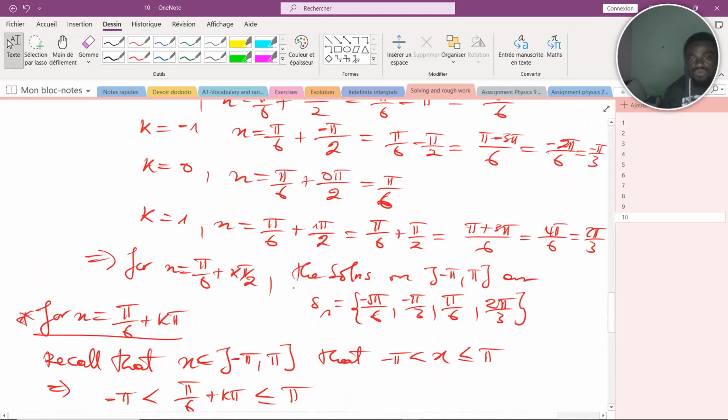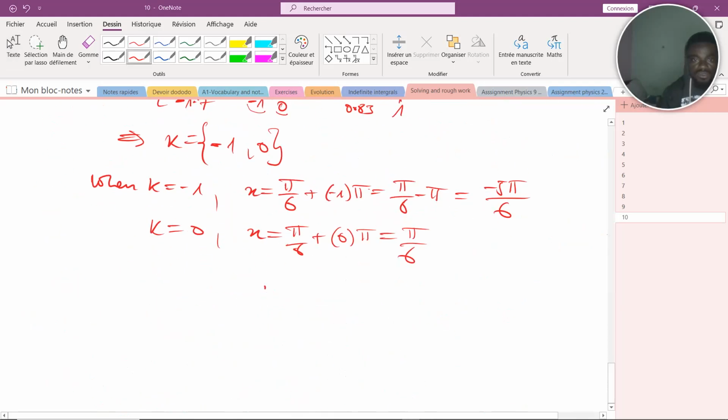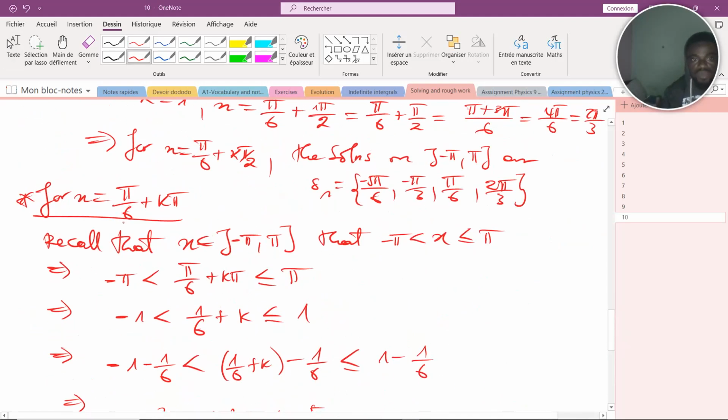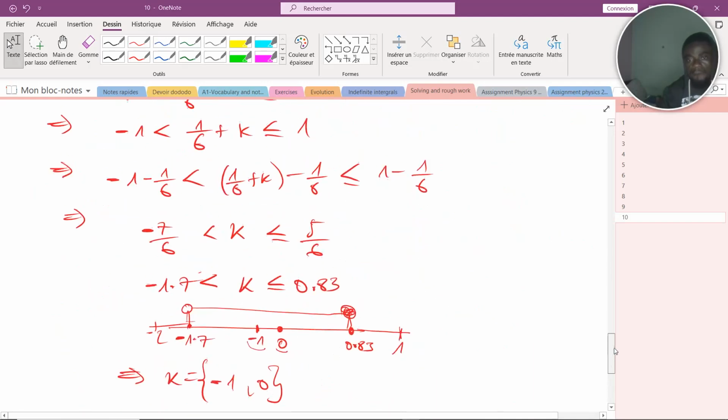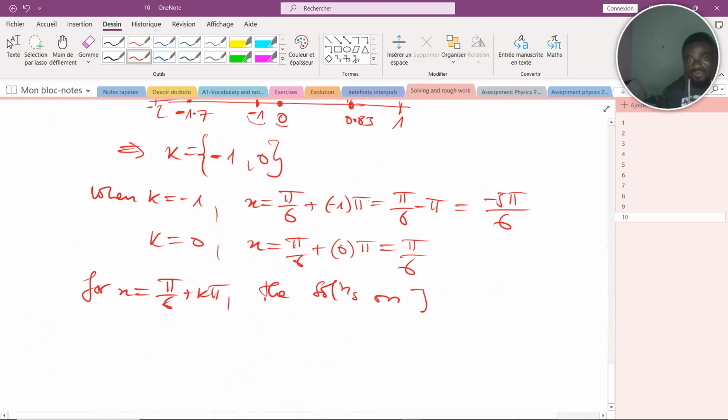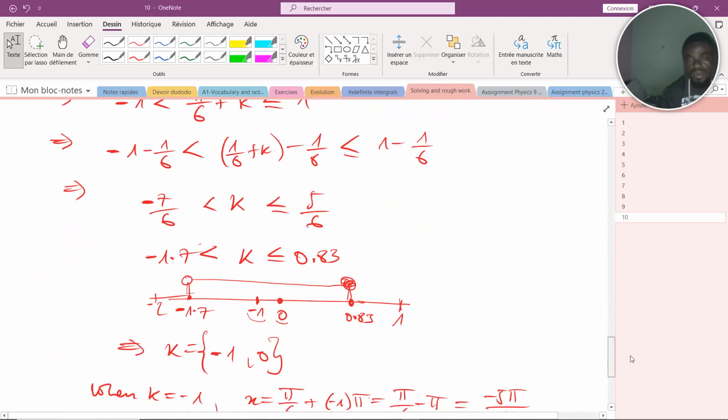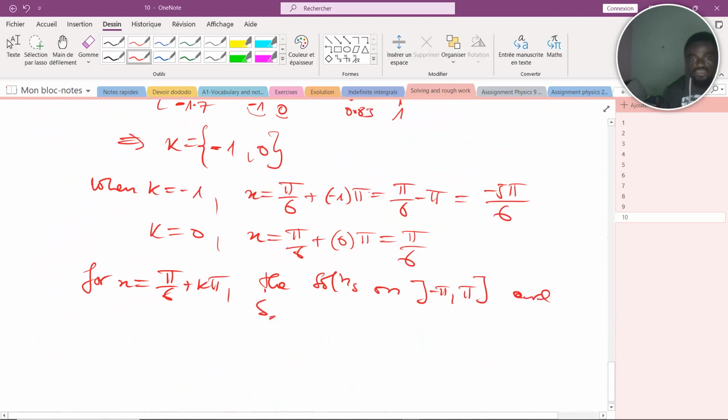For x being equals to pi on 6 plus k pi, the solutions on minus pi pi are S2 being equals to what? -5 pi on 6, comma, pi on 6.